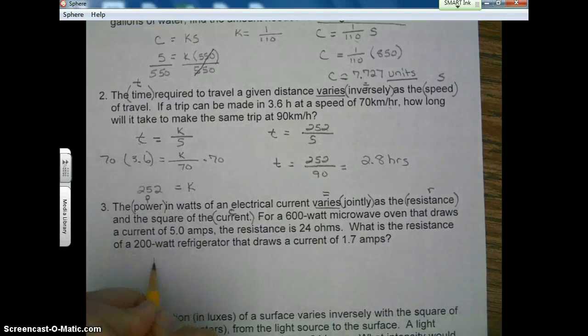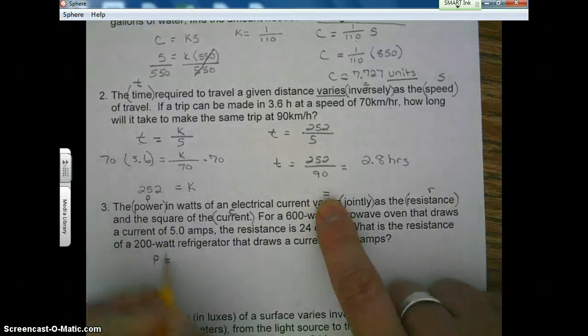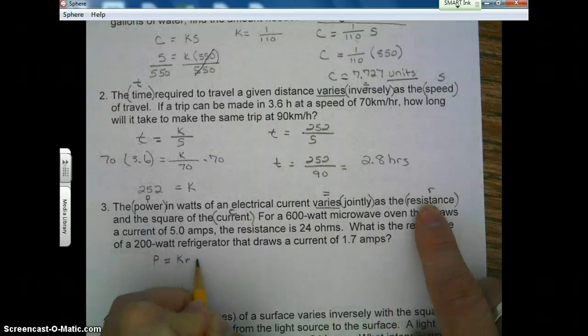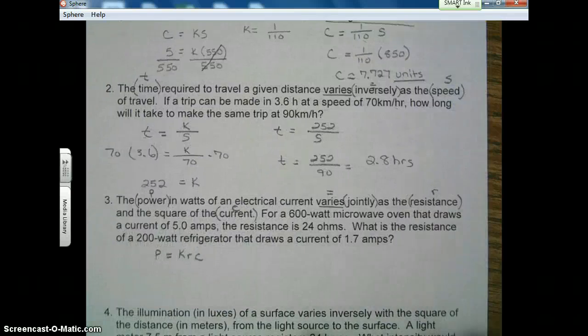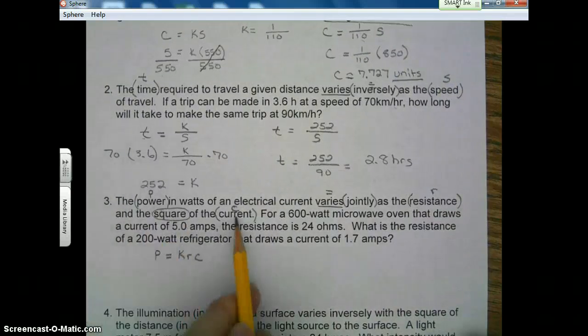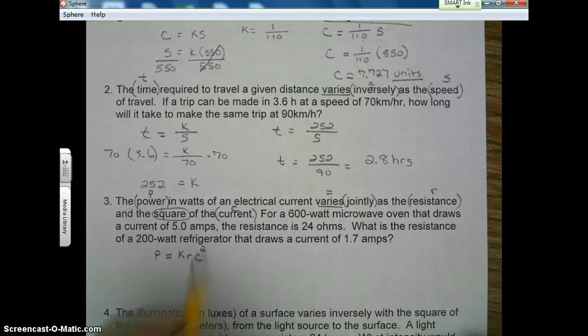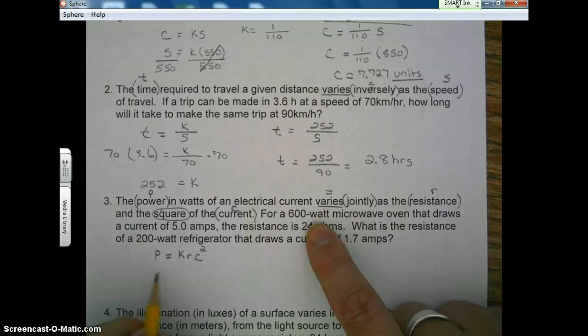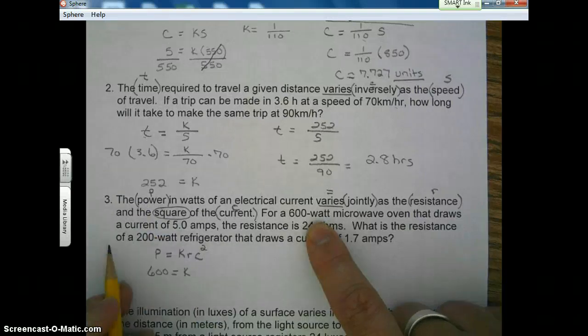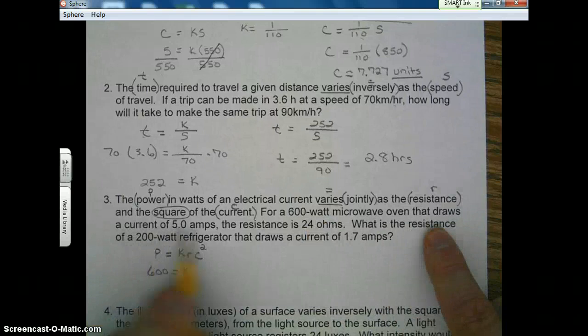So P equals, okay, jointly, so we're going to have K times R times C. And don't forget, it's the square of the current. So we have to square the current. For a 600 watt microwave oven, so power is in watts, so this represents power, that draws a current of 5 amps.